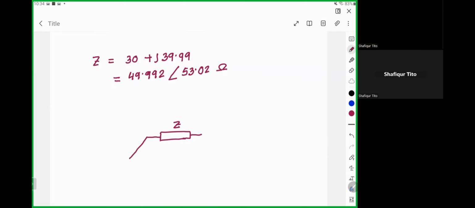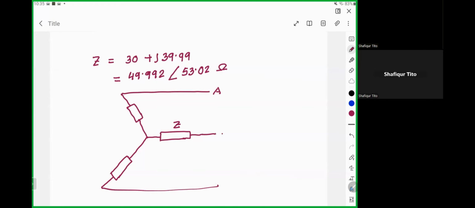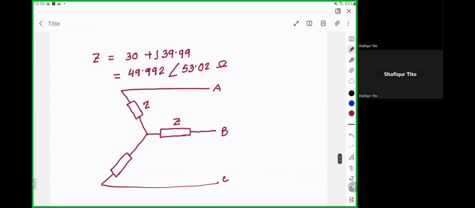Then I have the other Z connected with the other phase, and this is connected with my third phase, and I can show these three phases as A, B, C. Now, all of them have Z, right?